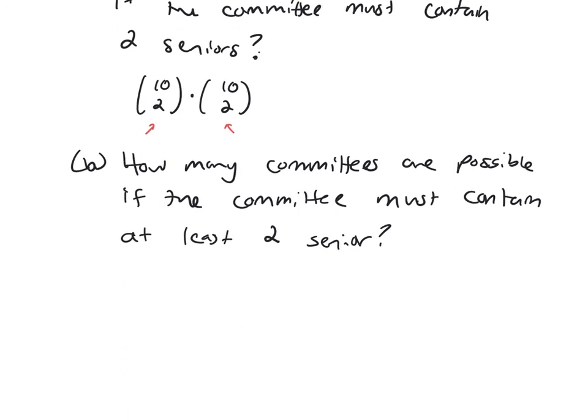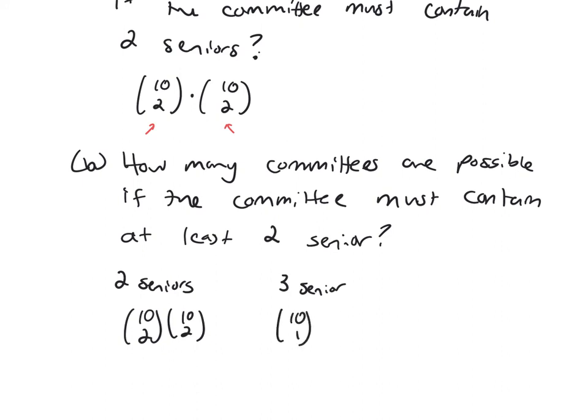So we already know how many ways there are where it contains 2 seniors. 10 choose 2 and 10 choose 2. How many ways are there where there's 3 seniors? Well, if there's 3 seniors, it would be 10 choose 1. You would choose 1 junior times 10 choose 3. You would choose 3 seniors.